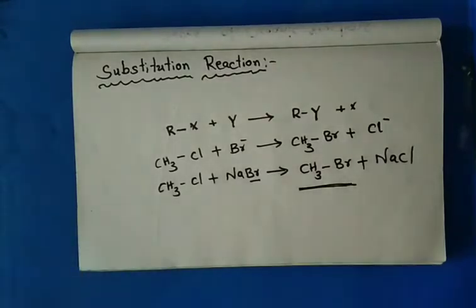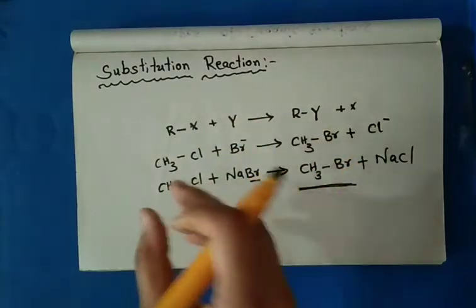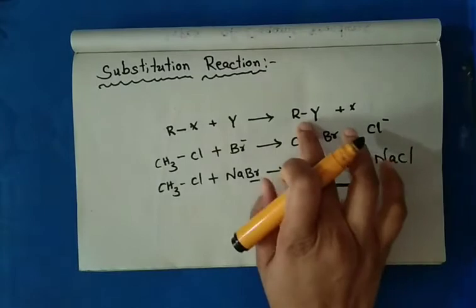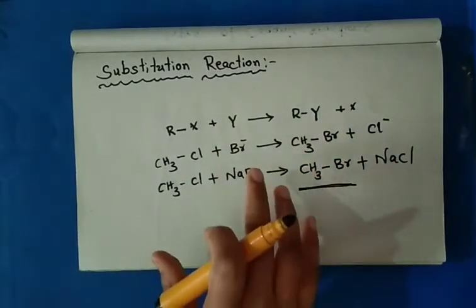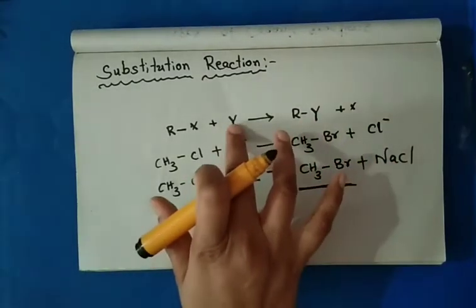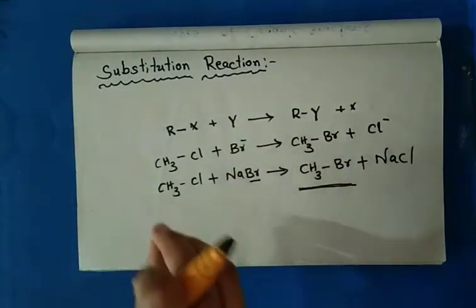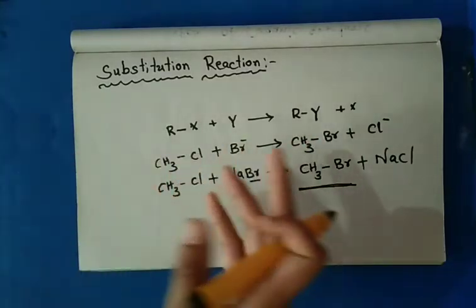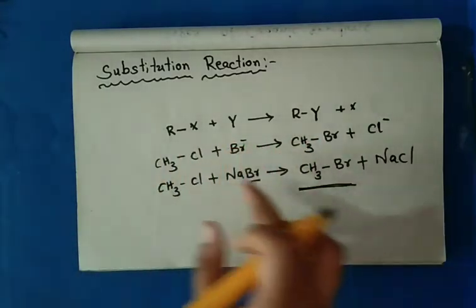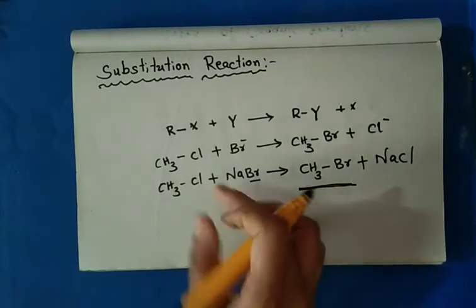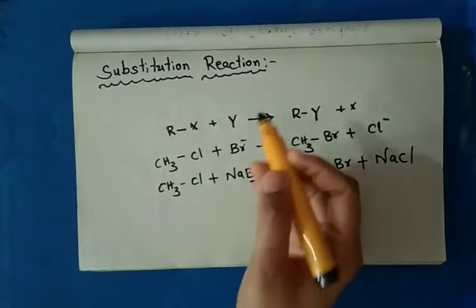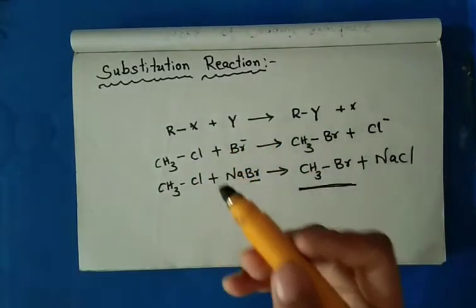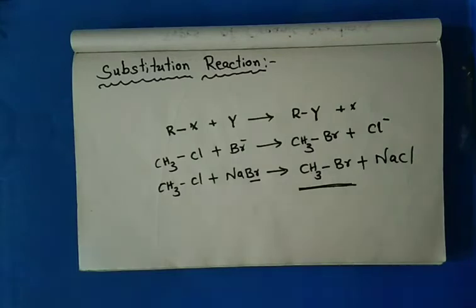This is the reagent, this is the substrate, this is the product. A reaction in which an atom or group of the substrate is replaced by another atom or group is called a substitution reaction. One atom is replaced by another atom.